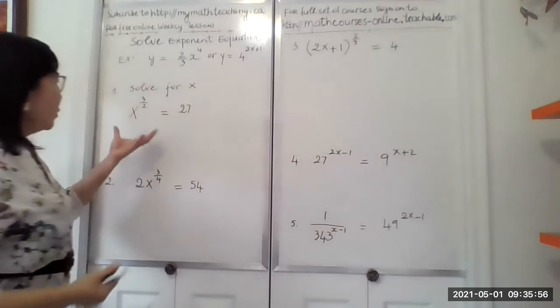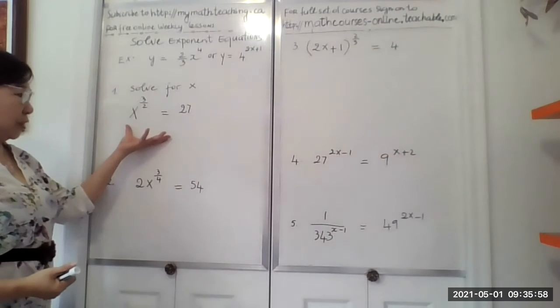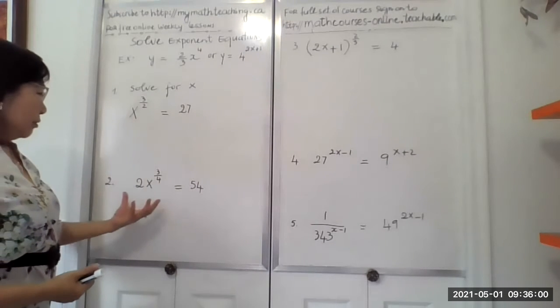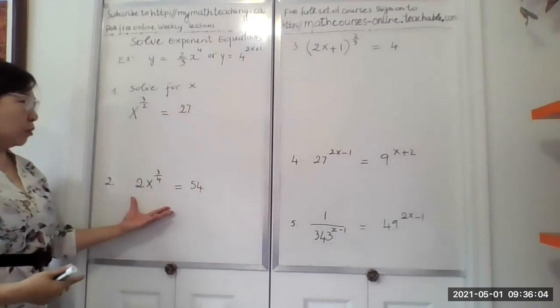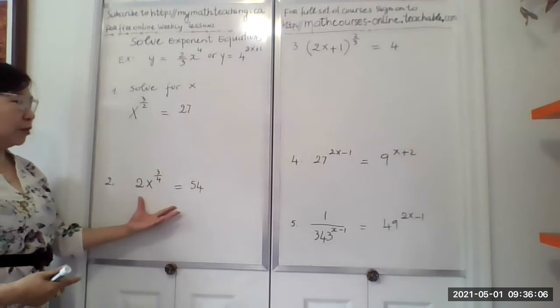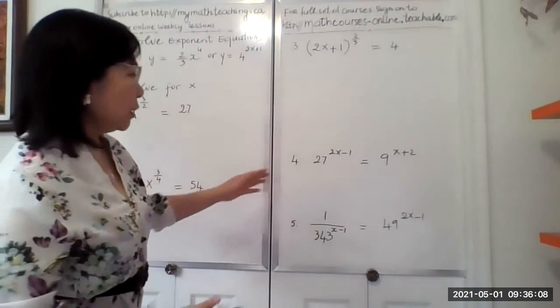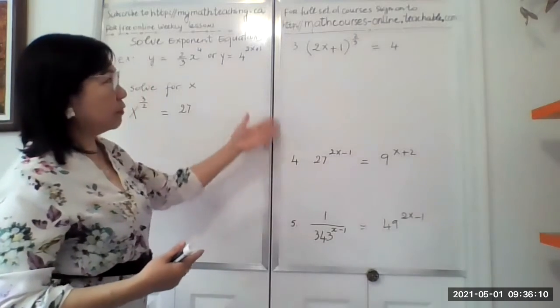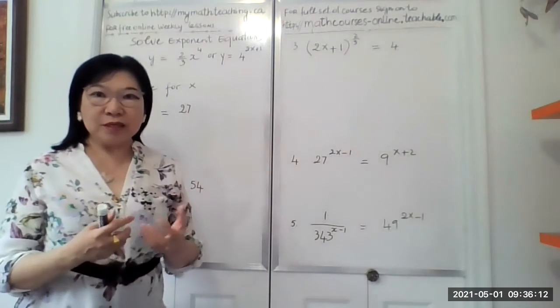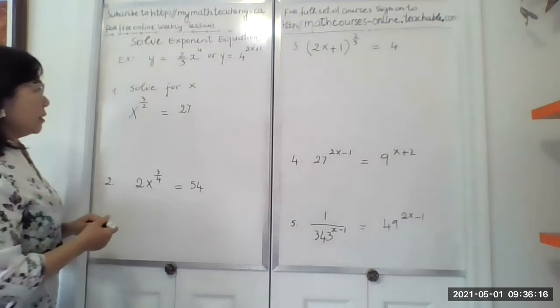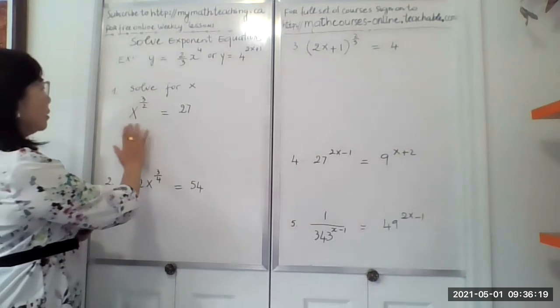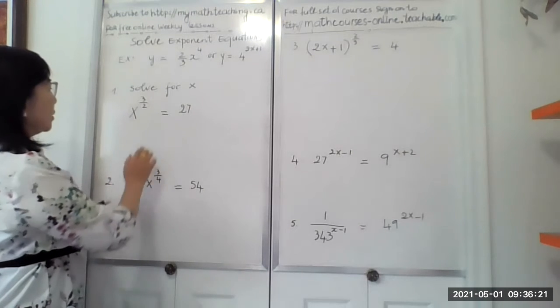Now, how are we going to solve this equation? If you look at the questions I wrote on the board, none of them look similar, so I try to give you varieties of the form of the equation. Let's solve number one first.